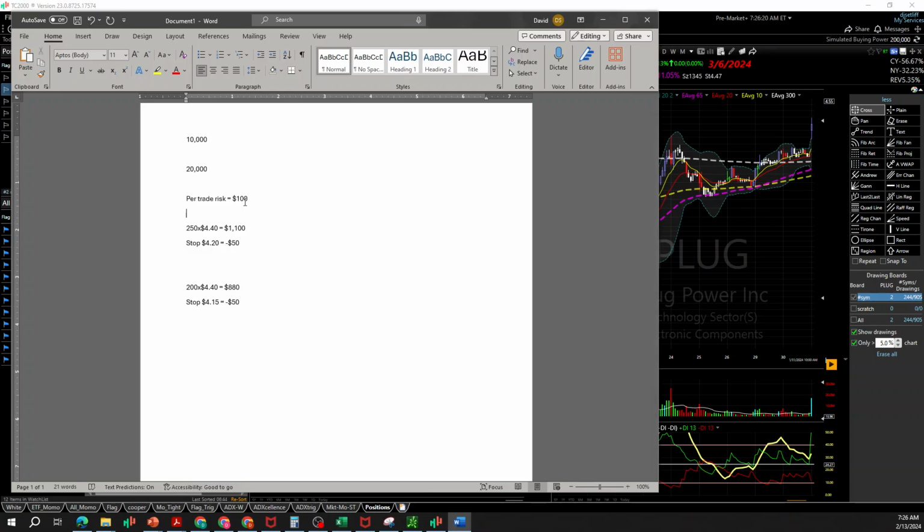If you double your account, you should essentially be doubling your position sizes, in order to keep that 0.5% of risk, or whatever you decide your per trade risk to be, steady and constant, because that's the important part. Over time your trading size is going to have to go up.